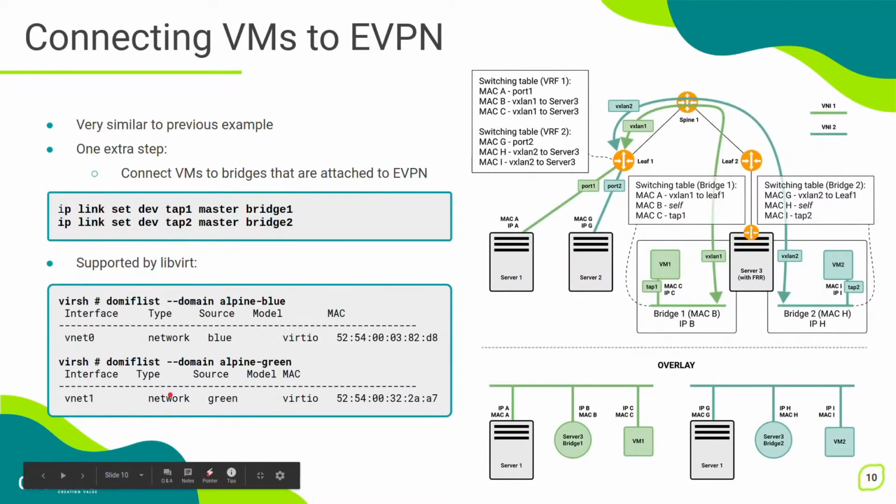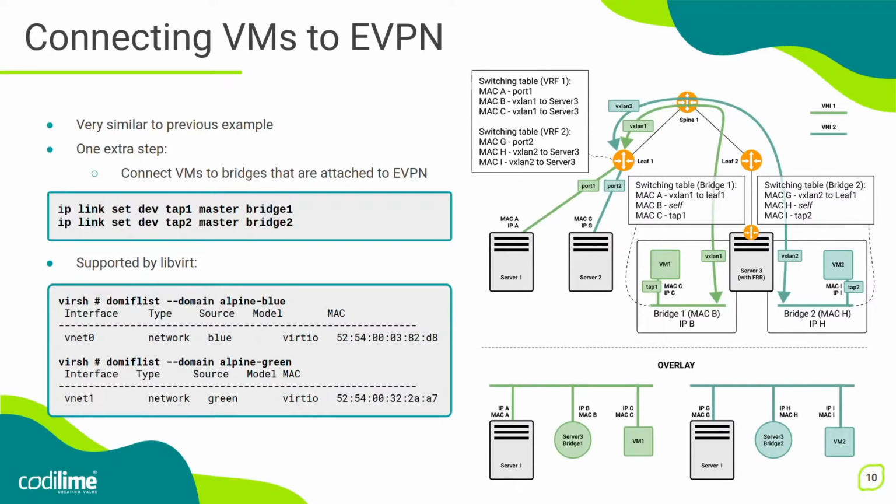Okay, so we have Linux and bridges connected and assigned to the VRF. Now let's move to the virtual machines. We can connect them, and there are two ways to do so. Each virtual machine in Linux is most frequently associated with a TAP interface, a layer 2 interface.